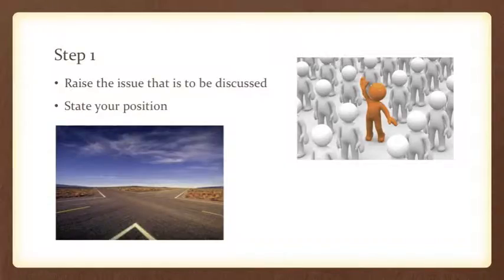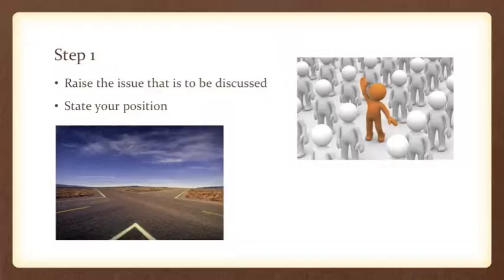So it is a five-step process with the listening with the point of view method that will support this person to balance both roles. So step one is to first just raise the issue that is to be discussed, and then simply state your position.